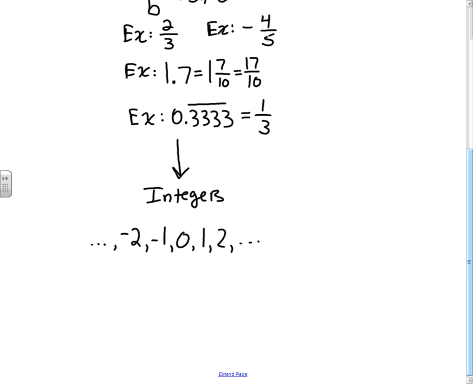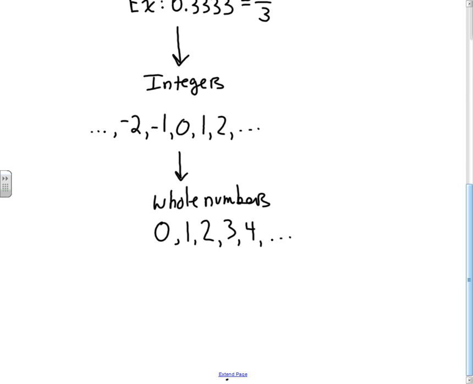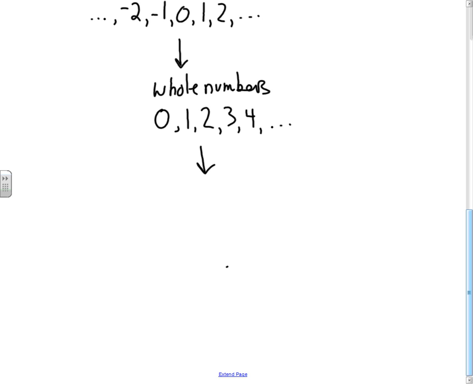Now, a subset of integers are the set of whole numbers. Your whole numbers start at 0 and increase: 0, 1, 2, 3, 4, and so on, but no fractions. Then, a subset of whole numbers is your set of natural numbers.